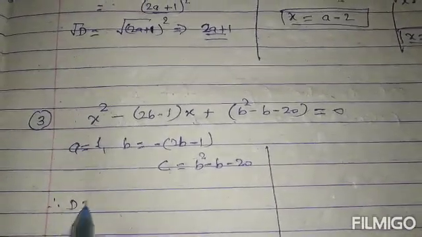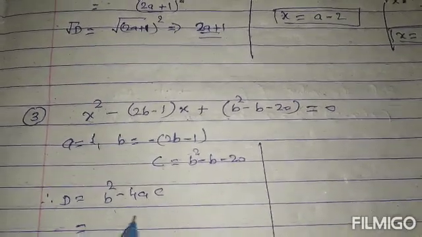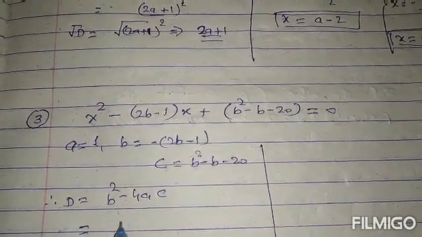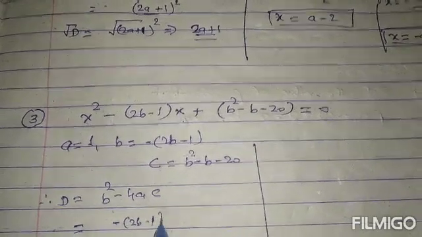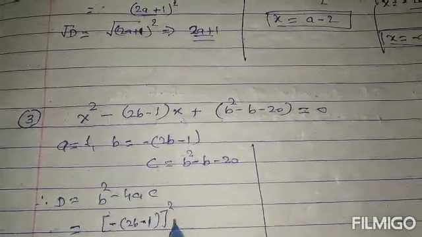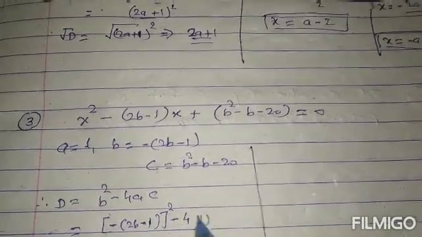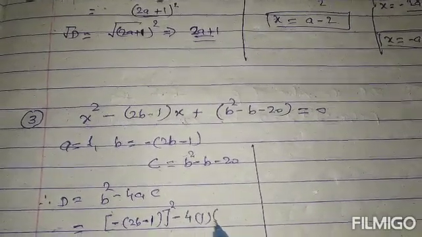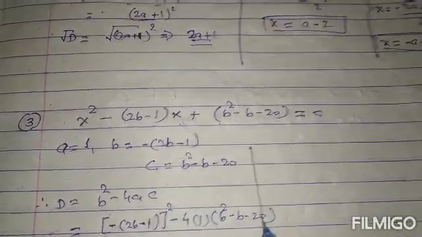Therefore, d equals b square minus 4ac, which is (2b minus 1) whole square minus 4 times 1 times (b square minus b minus 20).